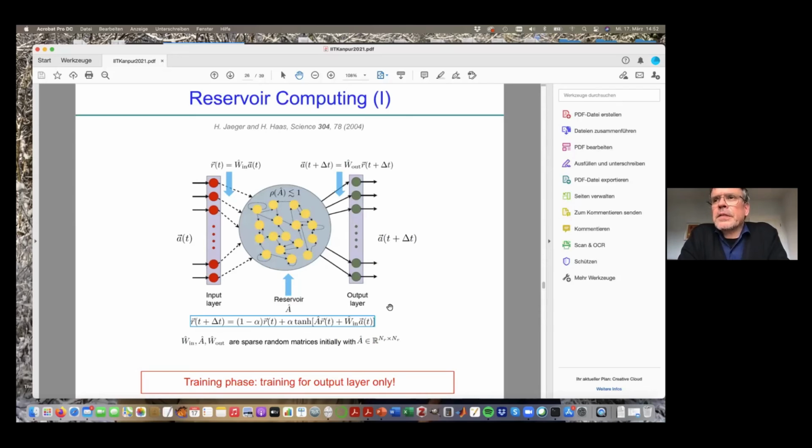This model generates statistics, low order statistics I have to say, that agree very well with the statistics of the original data. So it's a kind of reduced model, like a Galerkin model based on a POD analysis.